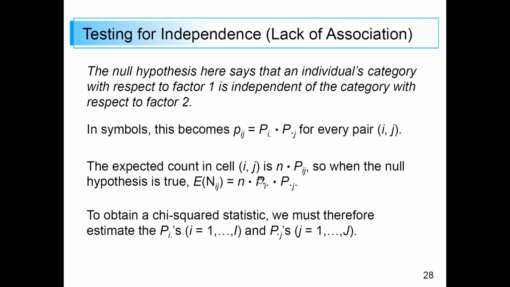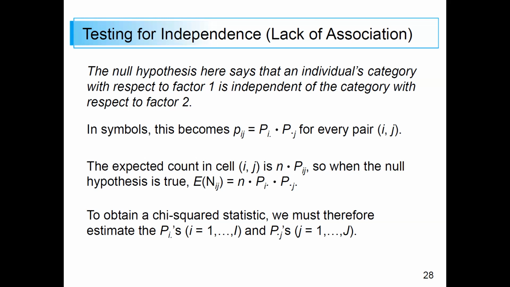Just now I was saying that n times this will give us the expected count. But the expected count relies on the row probability in the ith row and the column probability in the jth column. These two are unknown quantities, so we will need to estimate them.